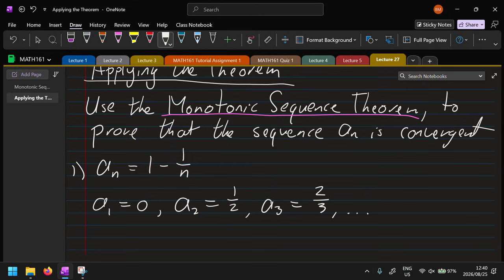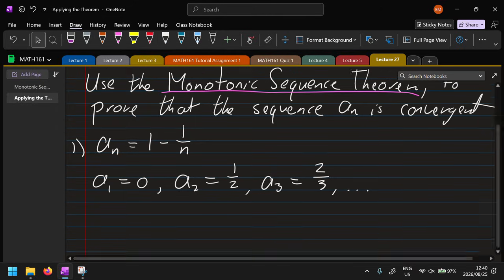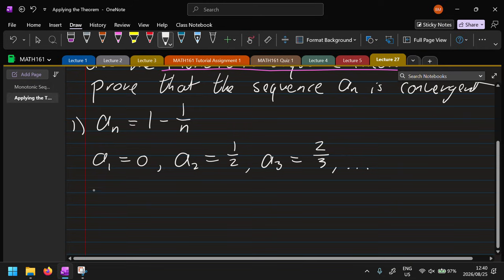And so on. You can add a few more, but we see the pattern here: 0 to a half to 2/3. What's happening? It's increasing. So we need to show that it's increasing and bounded above. That means it's convergent. So 2 things we need to show.